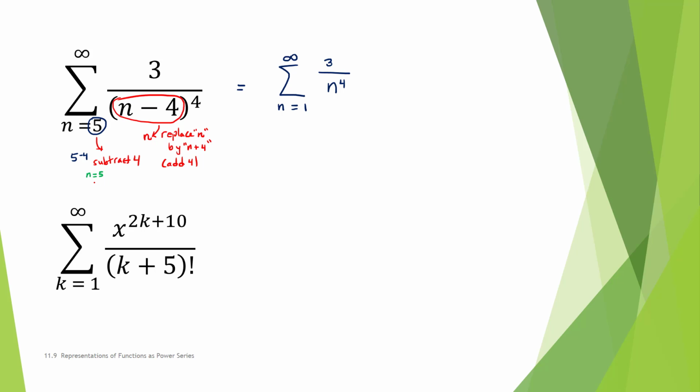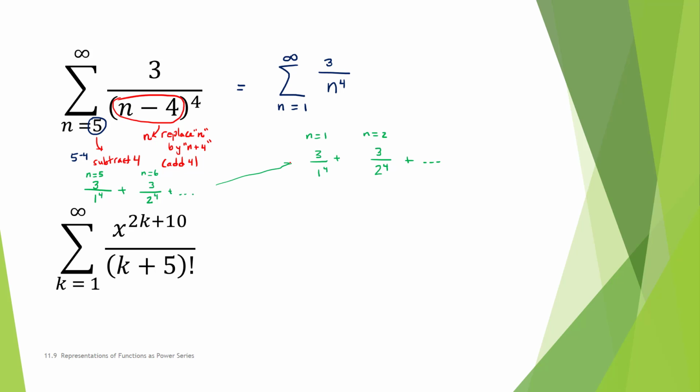That gives us 3 divided by 5 minus 4 is 1 to the 4th. The second term is n equals 6. That gives us 3 divided by 6 minus 4 is 2 to the 4th. If I look at my new version, my first term is n equals 1. Plugging 1 in here, we get 3 divided by 1 to the 4th. And then my next term is n equals 2. Plugging in 2, we get 3 divided by 2 to the 4th, and so on.